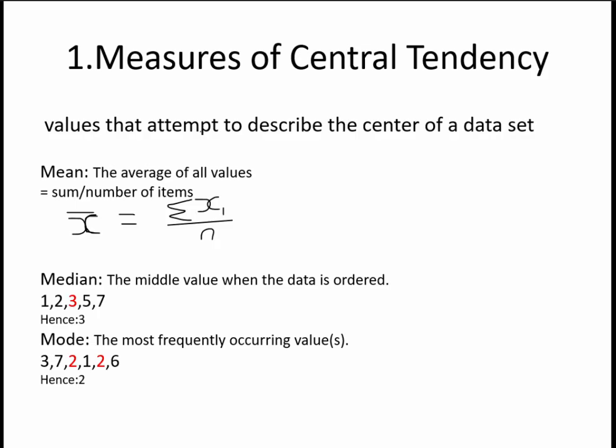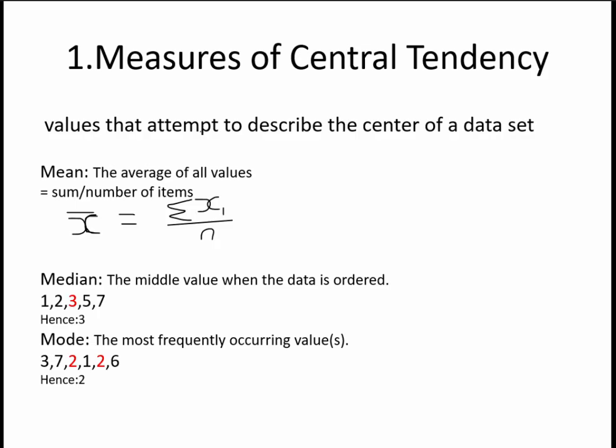And in this, we look at 3 main terms: mean, median, and mode. I believe most of us are very familiar with what mean is. If you have any questions on that, feel free to type in the chat. But mean is just the average of your data.